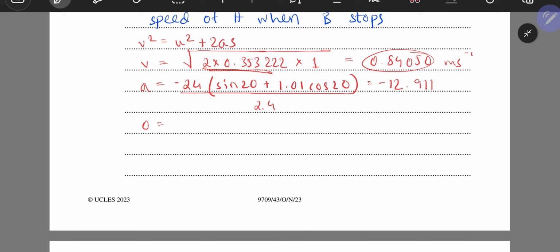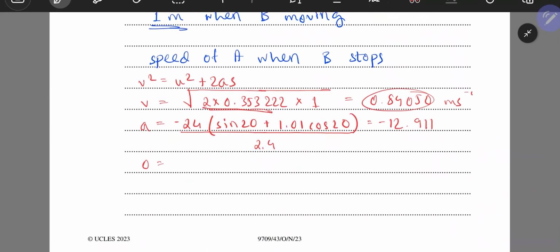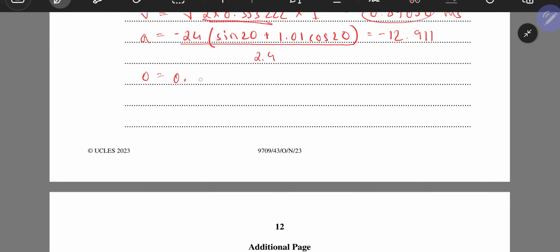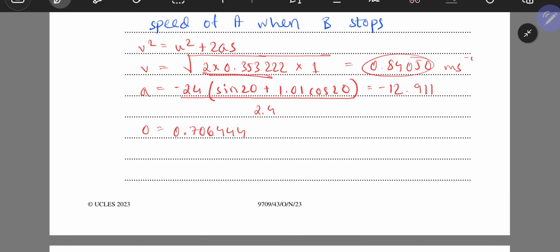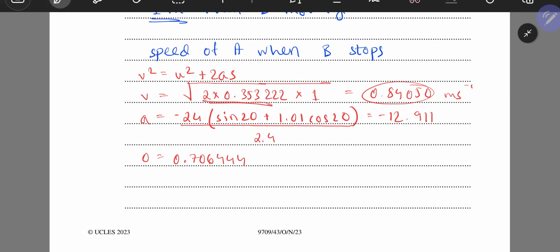So 2 times 0.353222, that's 0.706444. V squared equals u squared minus 2 times 12.911 times s.